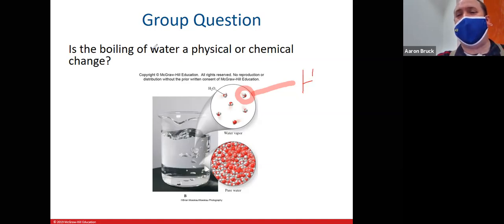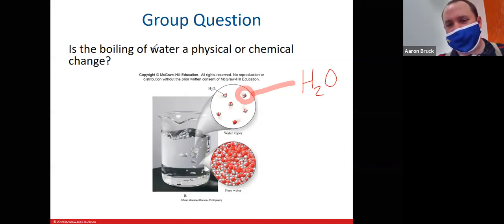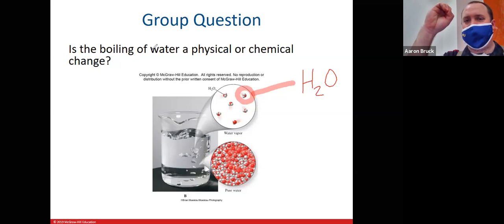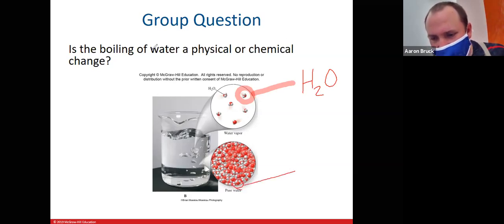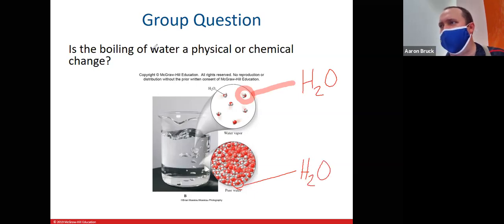It's H2O. If you look closely, you can see you've got a red ball, oxygen, and two white balls, hydrogens. H2O is the formula here. If I look at any one of these, I find the same exact thing. They're H2O also.